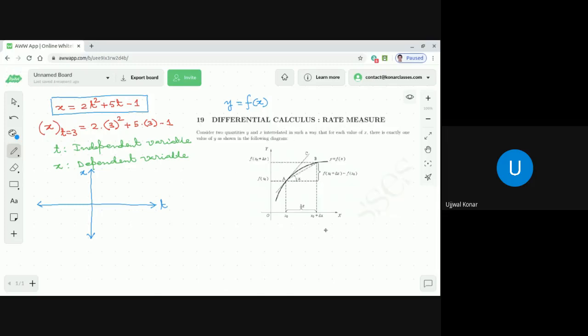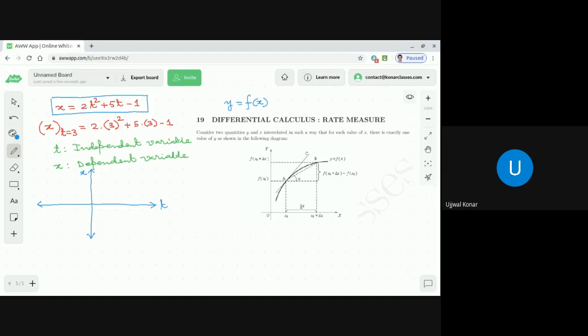So consider two quantities y and x interrelated in such a way that for each value of x, there is exactly one value of y. That is what I said a few minutes back as the condition for this kind of relation to be a function, correct? Now look into that diagram very minutely.